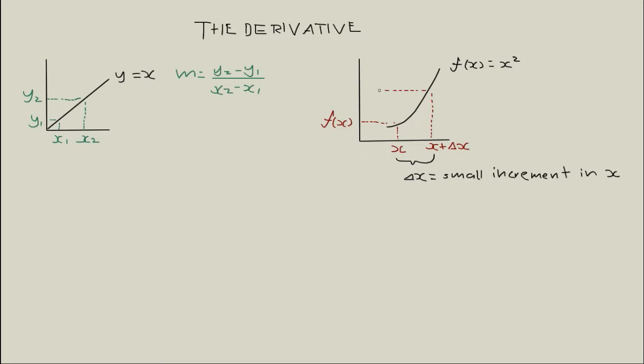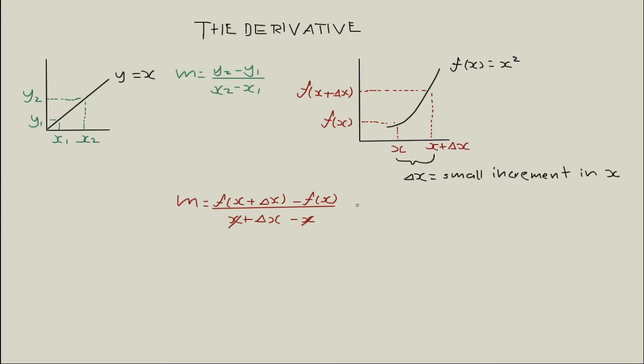So our y coordinate will be f of x plus delta x. Now our slope will be same as before, y sub 2, which in this case is f of x plus delta x, minus y sub 1, which is just f of x, all divided by, again just as before, our x sub 2, which is x plus delta x, minus our x sub 1, which is x.